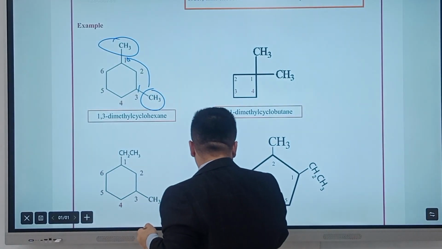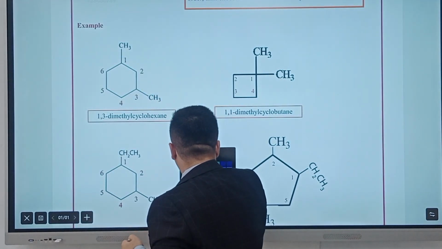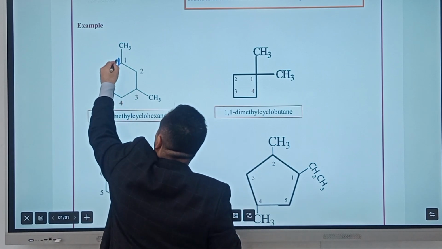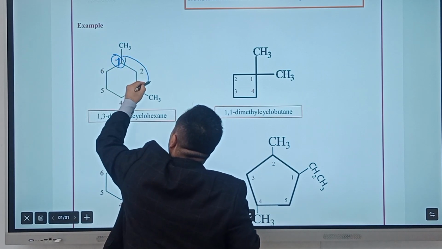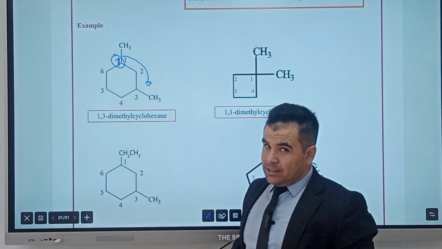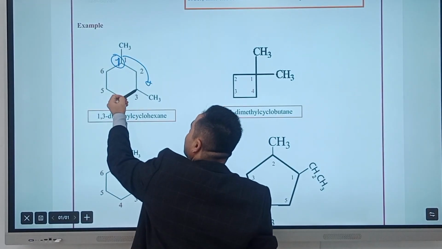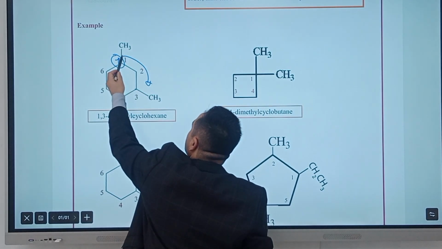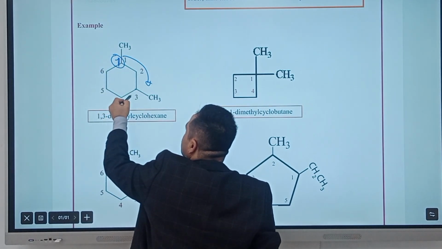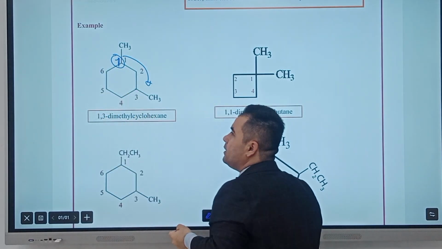But if you start from the above 1, you have to rotate clockwise, because in the clockwise direction the next branch will be 3, but in the counterclockwise direction it will be 4.